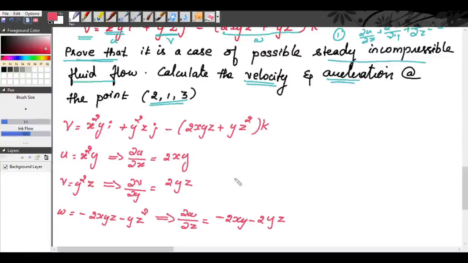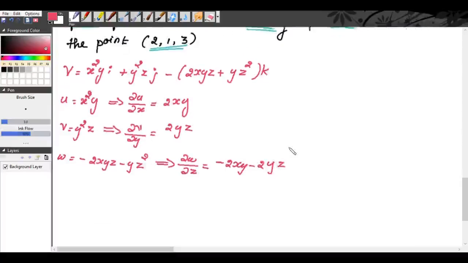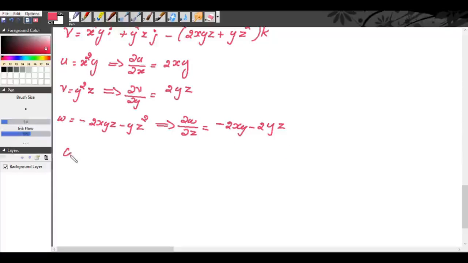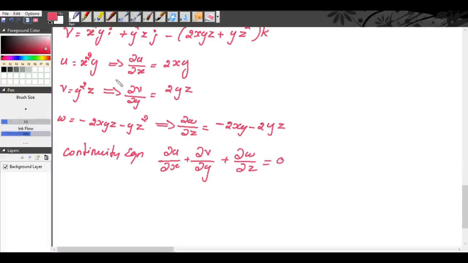So we will add all these. In order to prove the continuity equation, dou u by dou x plus dou v by dou y plus dou w by dou z is equal to 0. Substituting, we get 2xy plus 2yz minus 2xy minus 2yz, which is equal to 0.